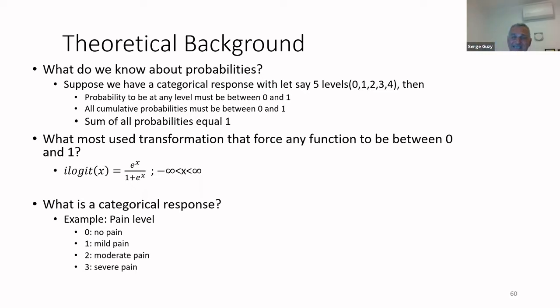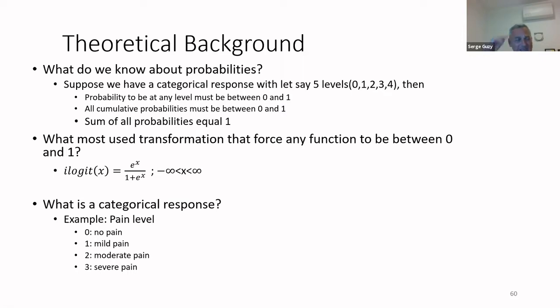So if you let x, whatever it is, range from minus infinity to infinity, in other words without any constraint, then the inverse logit of any function that can go from minus infinity to plus infinity will go from 0 to 1, which is good because that's exactly the constraint that we have for probability.